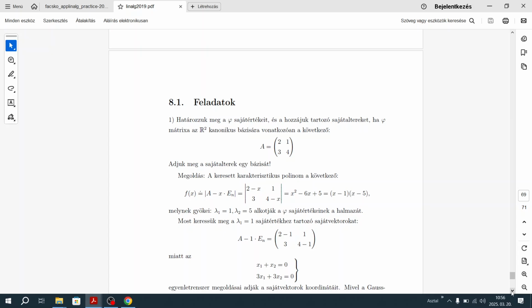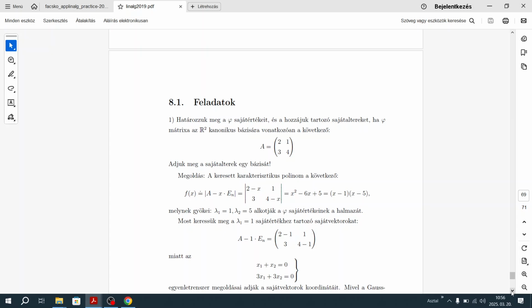Okay, let's calculate the trace. The trace is 6 plus 4, the main diagonal, it's 6.